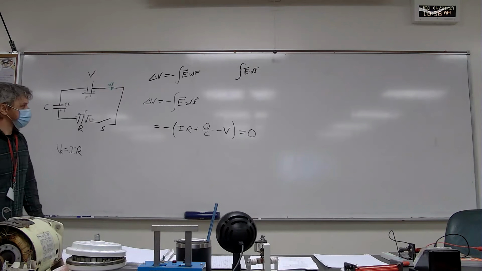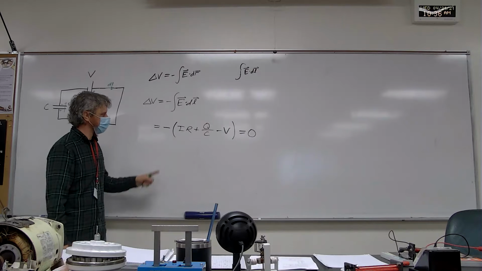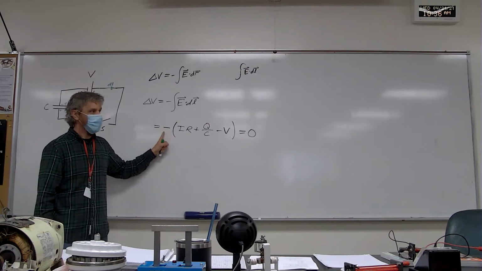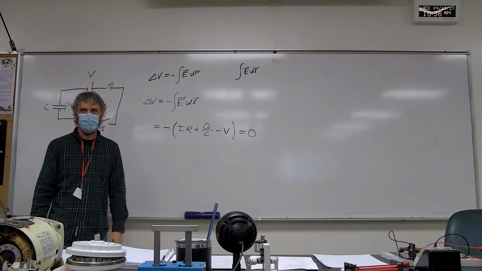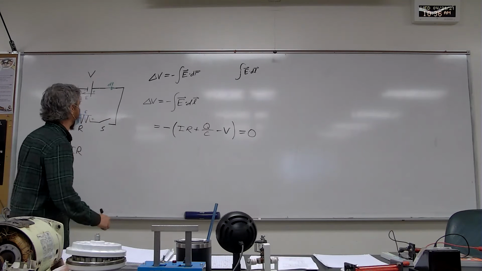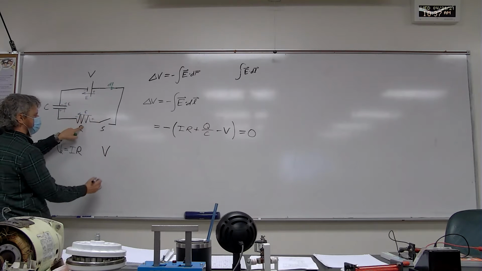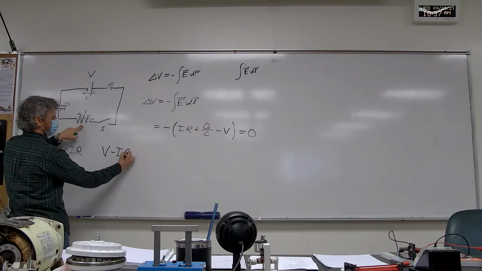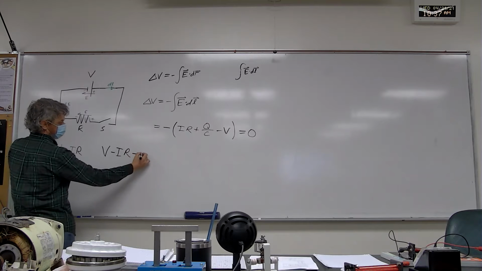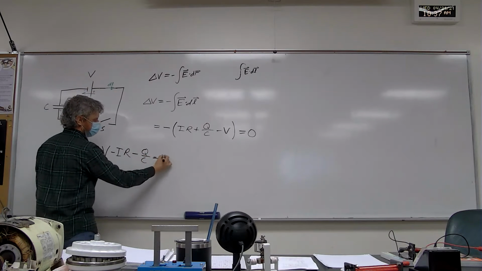Why am I doing this? Because now I just divide both sides by negative 1, right? Or I just distribute the negative 1 over, and I get the same thing that most students in introductory physics learn. You get a voltage gain from the battery, you get a voltage drop across the resistor, you get a voltage drop across the capacitor, and the sum of all voltages is 0.